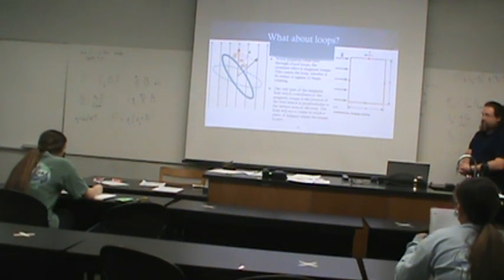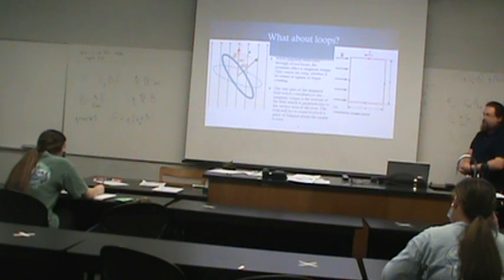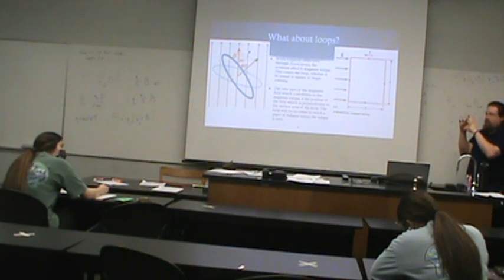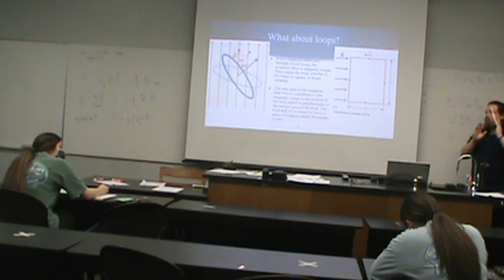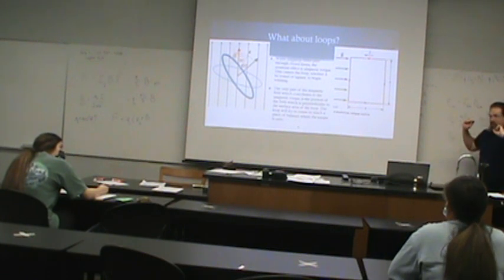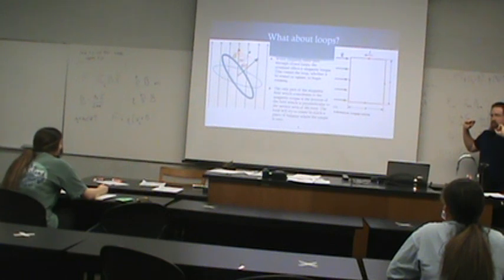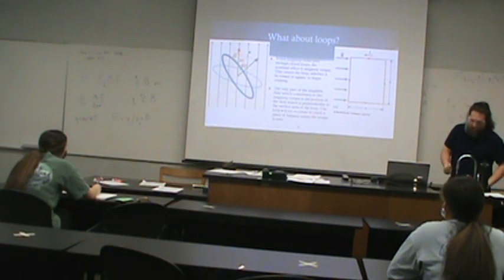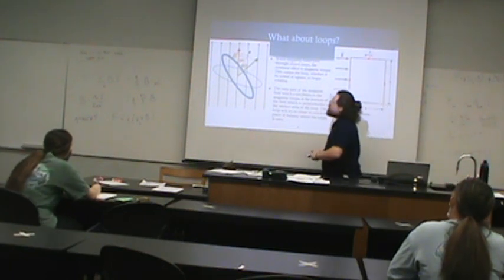What it means is, if you were to put a coil or a closed loop of wire in a magnetic field, rather than just being pushed in one direction, it would start spinning. Because, and I'm going to reduce this to a square for simplicity's sake.